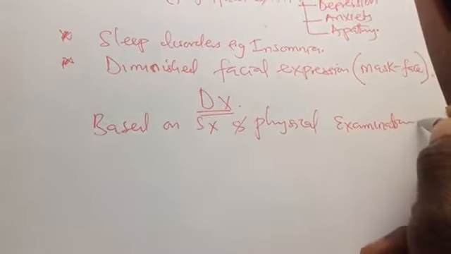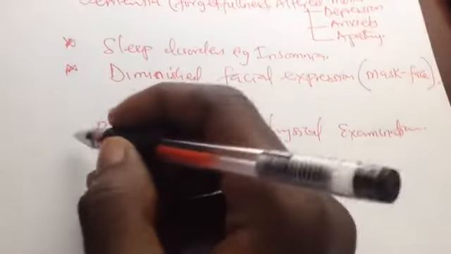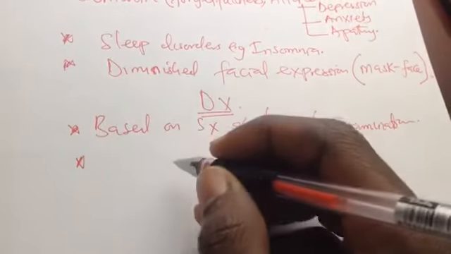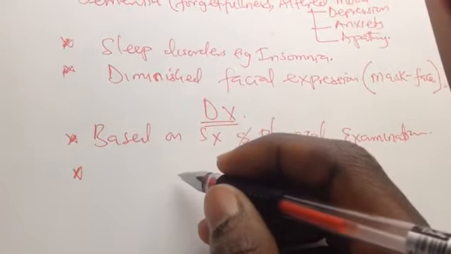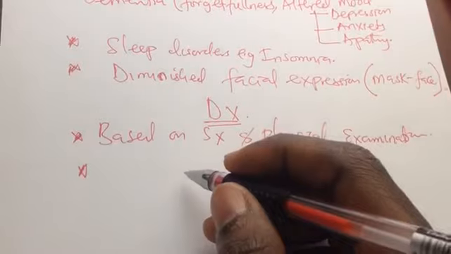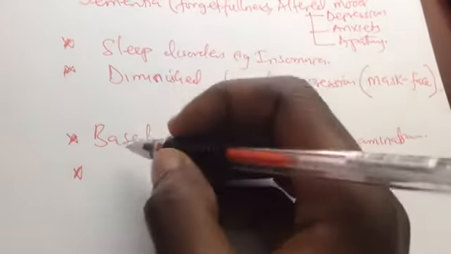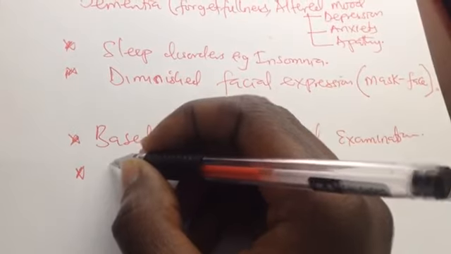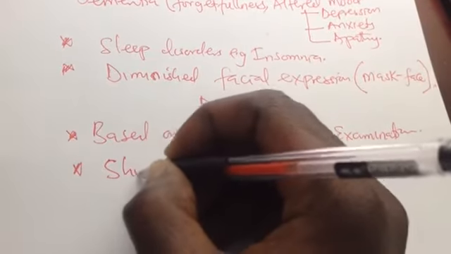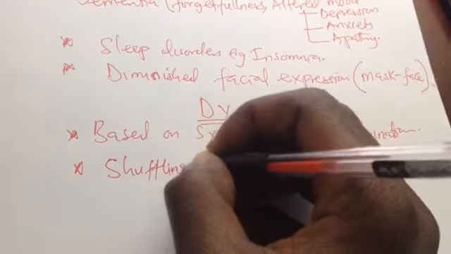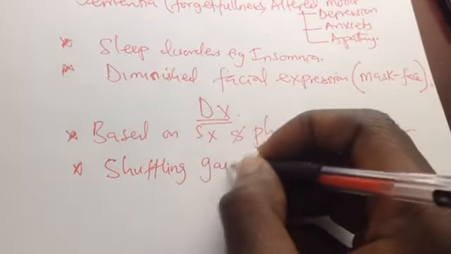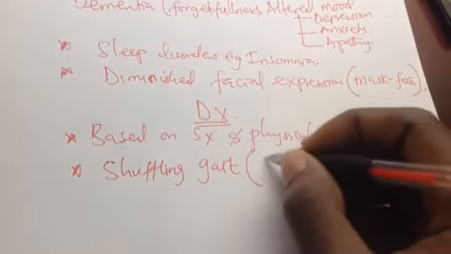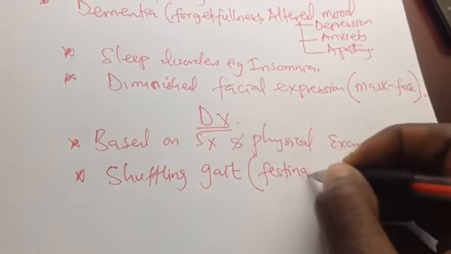On physical examination, if you ask the patient to move, you will see the patient having a shuffling gait, or festinating gait. It is all the same.